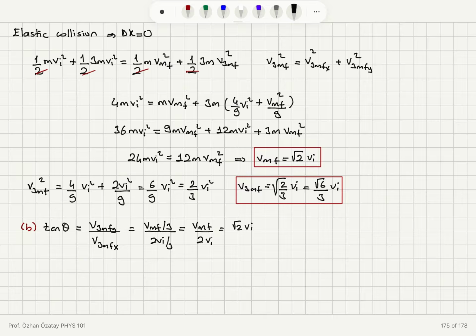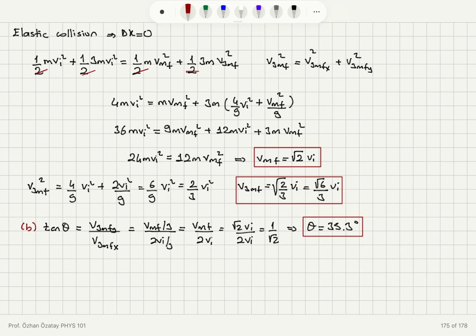Vm final was square root 2 v initial divided by 2v initial. That is 1 over square root 2. So what is the angle whose tangent is 1 over square root 2? 35.3 degrees.